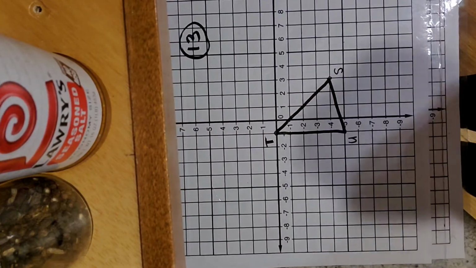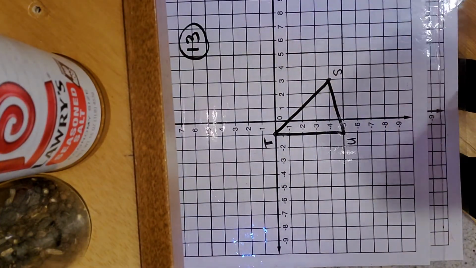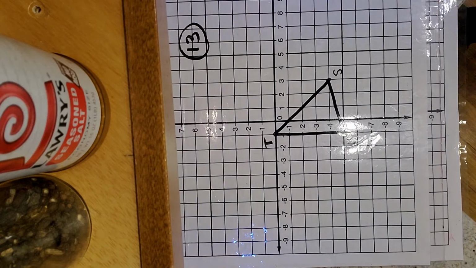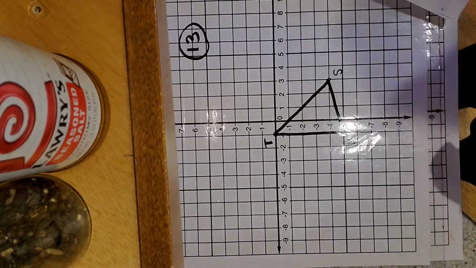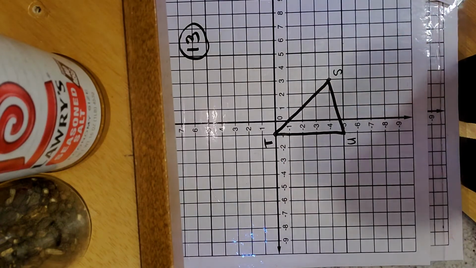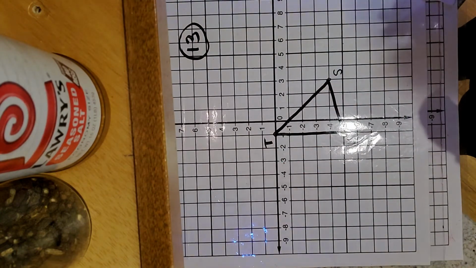I think you can see this, I hope. Okay, on problem number 13, this is the triangle they start out with, and they ask you to do a translation on this one.